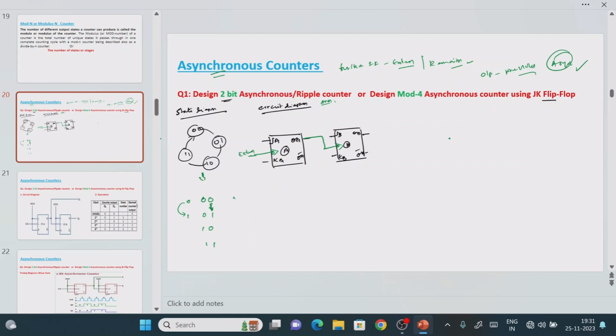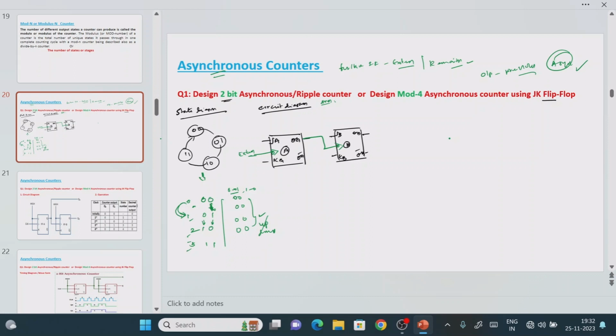Or if this number does not change, and next also it will be like this, then you will never be able to implement the up counting or down counting operation. It means that if you want to change from one number to another number, your binary number should always change either from 0 to 1 or 1 to 0. If you observe here, it is changing from 1 to 0, here it is changing from 0 to 1. Then only you are getting the count 0 1 2 3, something like this.